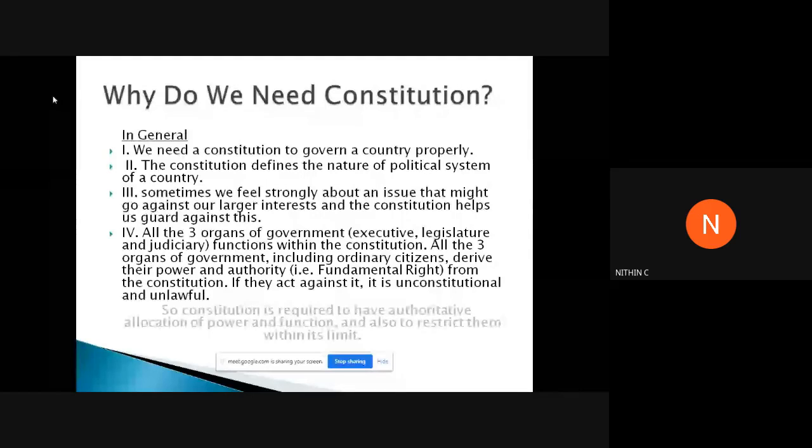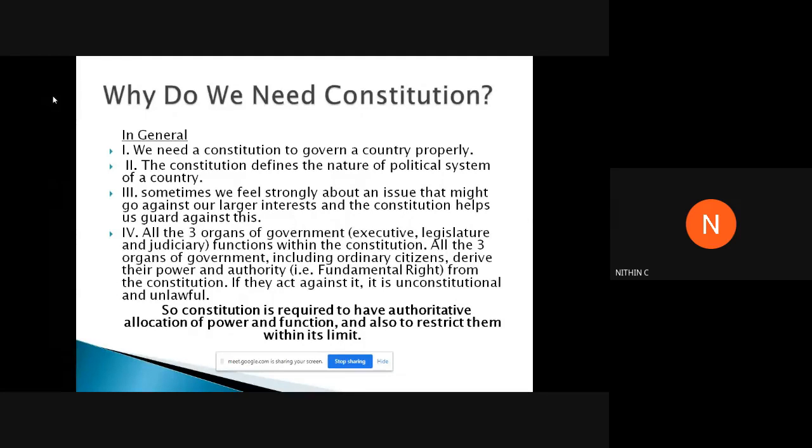So the constitution is required to have authoritative allocation of power and function, and also to restrict them within its limit. Allocation of power and function: what the powers are, and what the responsibilities are. That is allocation of power and function, and also to restrict them within its limit.